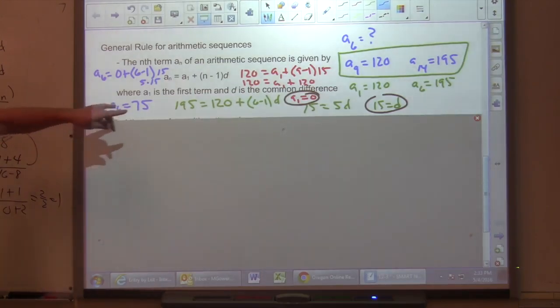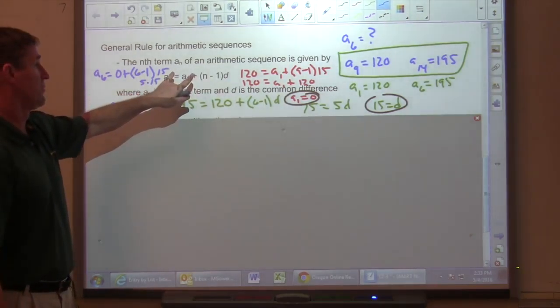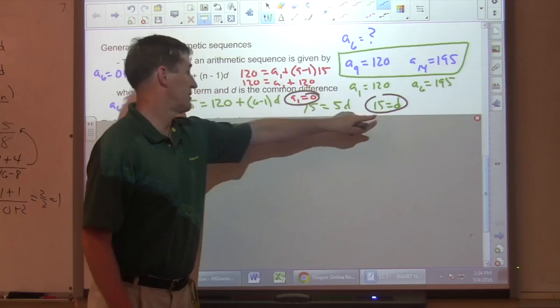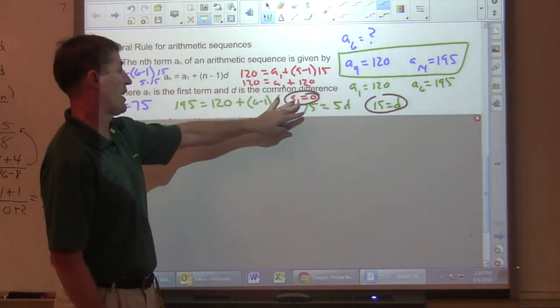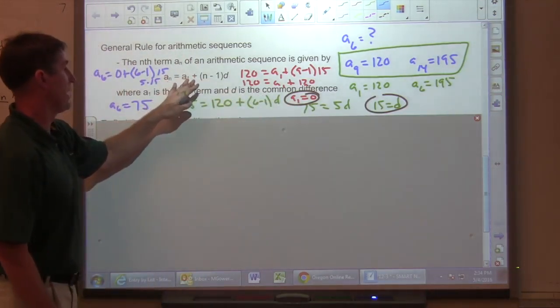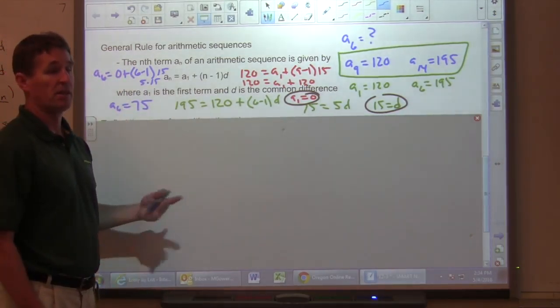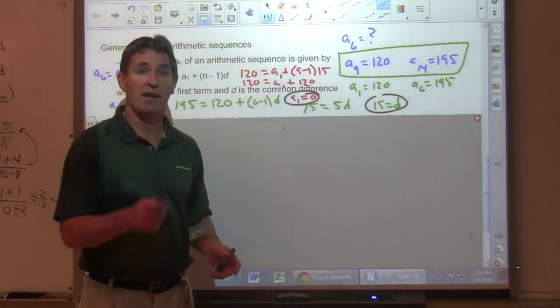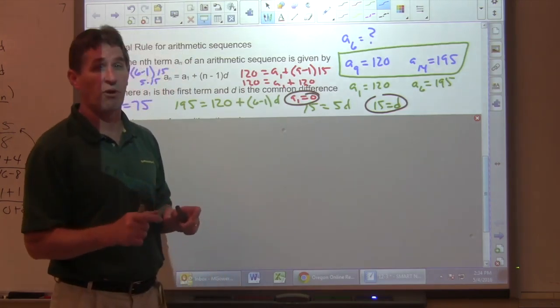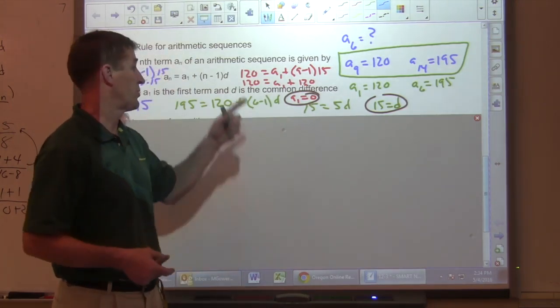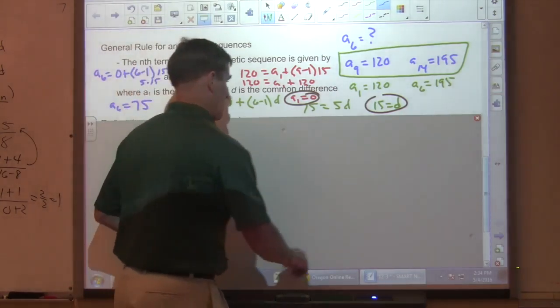So you can see we use the same formula. We used it here to find D. We used it again to solve for A1. And then once we knew A1 and D, we could go back and solve for A sub 6. So it's a lot of work that you have to be careful of, but you just use the formula and adjust the numbers so you can put it in the formula to use.